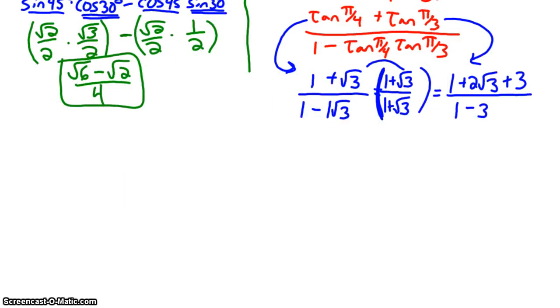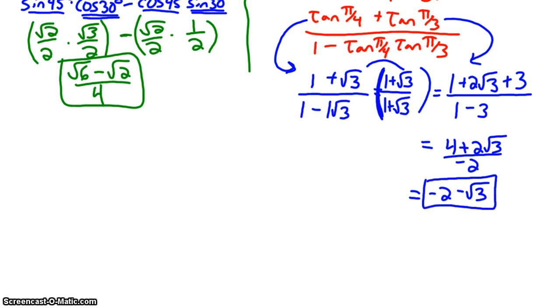So what we'll do at this point is put the numbers together, and I see that I have a 4 plus a 2 radical 3, all divided by negative 2. That's not simplified yet. Everything can be divided by negative 2, leaving me negative 2 minus radical 3. And that is our final answer.